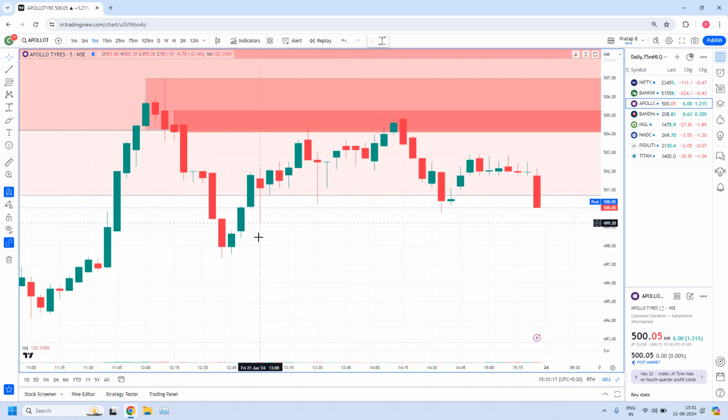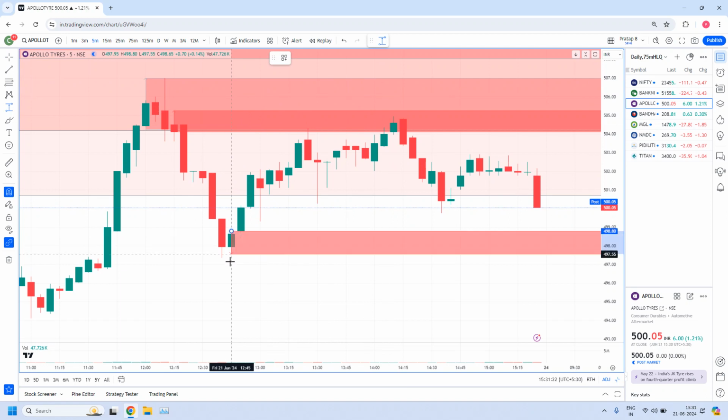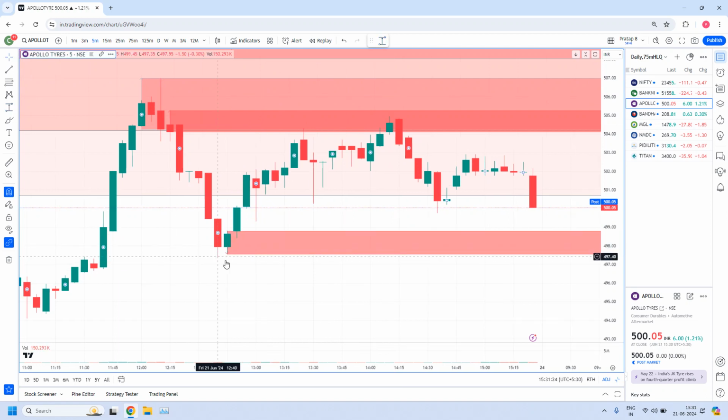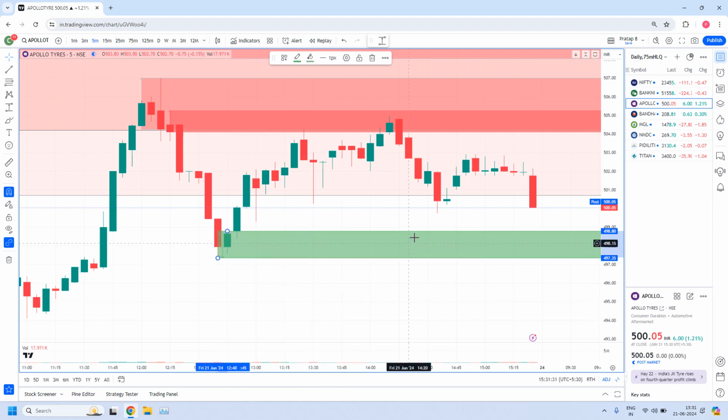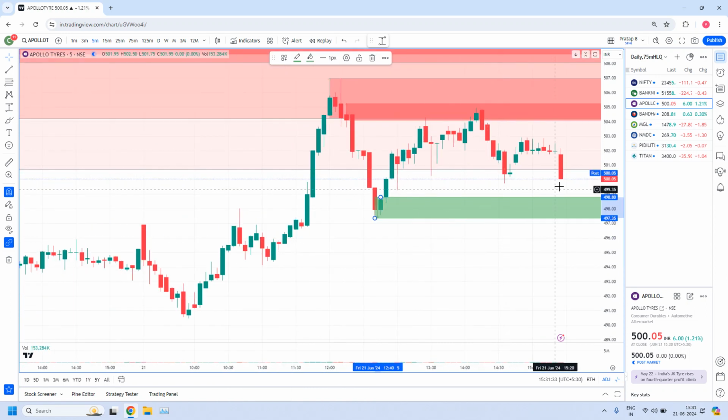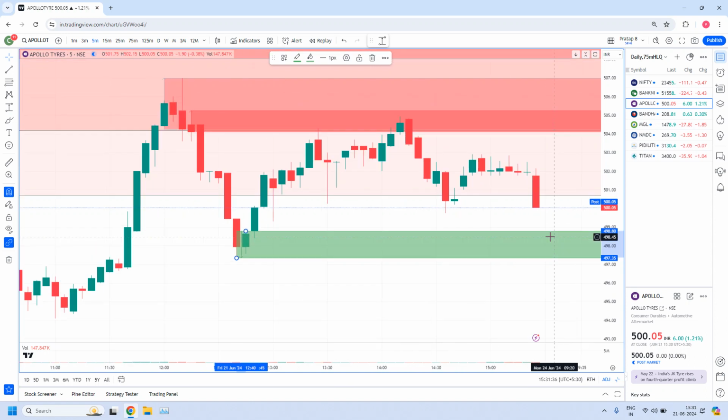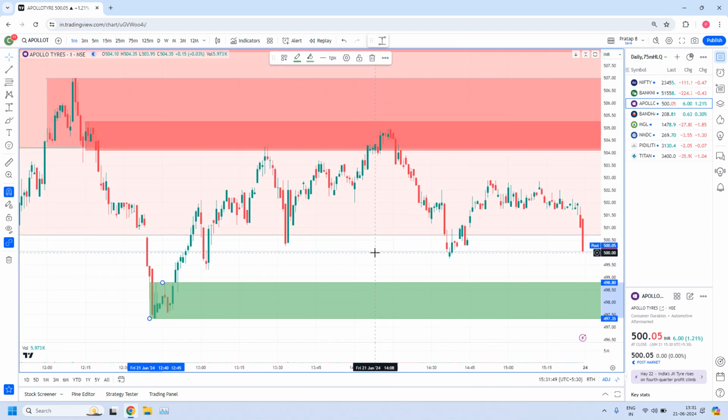So what is the nearest 15-minute zone available here? Here you have a 15-minute demand zone. But prices didn't reach it. It couldn't reach up to here. This is the level prices reached. Maybe some 1 minute zone might be handling the prices.